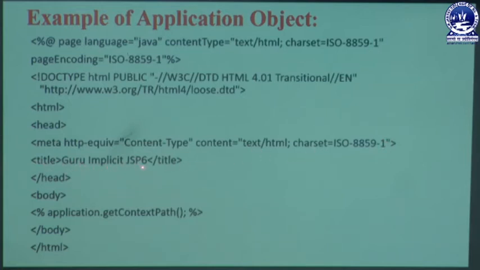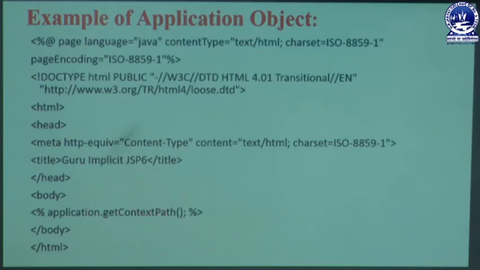So Guru Implicit JSP6 is the title of that JSP file. Then we can close that head section. Then we start the body section. In that body section we are writing an object known as the application object, which is an implicit object. By using that implicit object a user can invoke the getContextPath method.